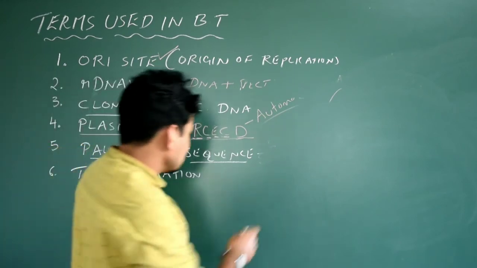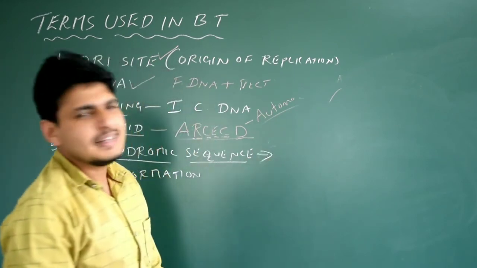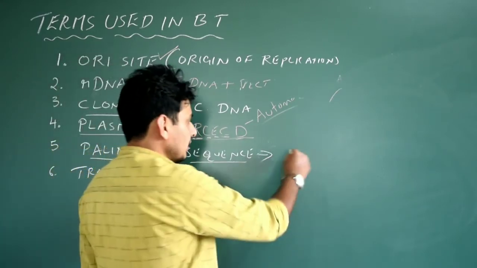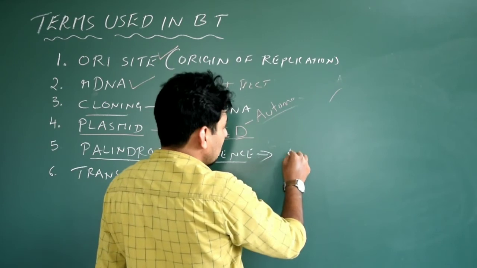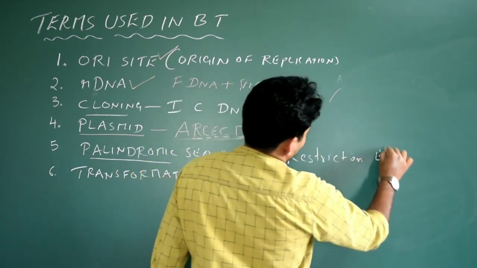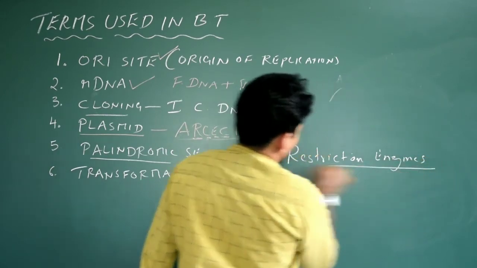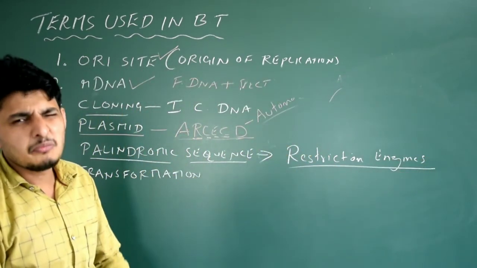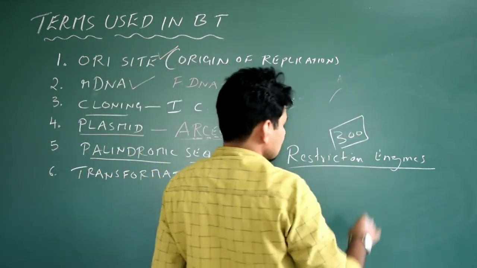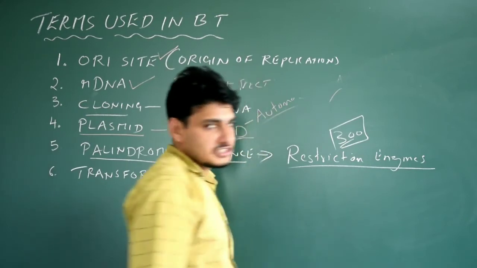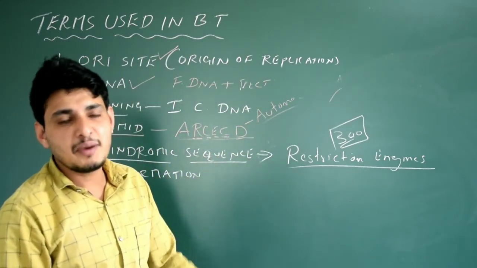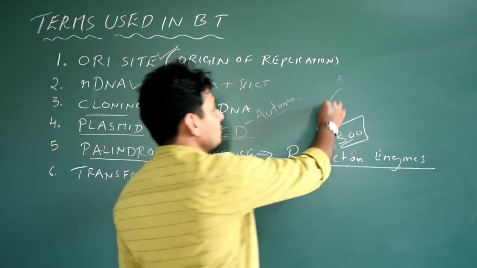What is the significance of the palindromic sequence? In the DNA of any type of living organism, this is compulsory. It will be there. It is very important for the action of restriction enzymes. There are so many different types of restriction enzymes. Scientists have discovered around 300 restriction enzymes, and each restriction enzyme is specific to a specific palindrome sequence.